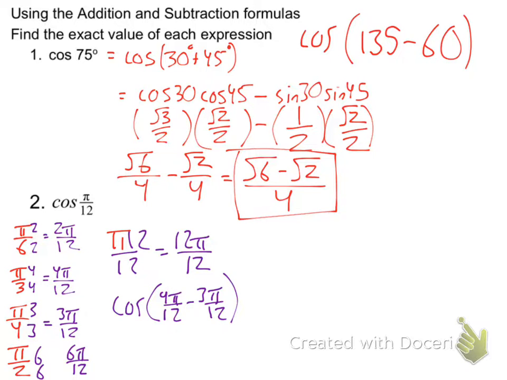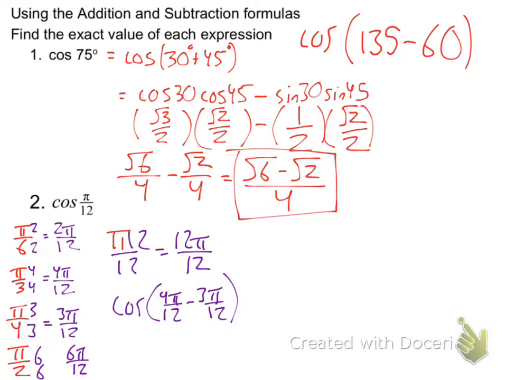Would that result in a pi over 12? Yes. But here's the thing. I start off by getting the common denominator, so therefore I can look at how I can rewrite cosine of pi over 12. And I found out that 4 pi over 12 minus 3 pi over 12 would result in a pi over 12.